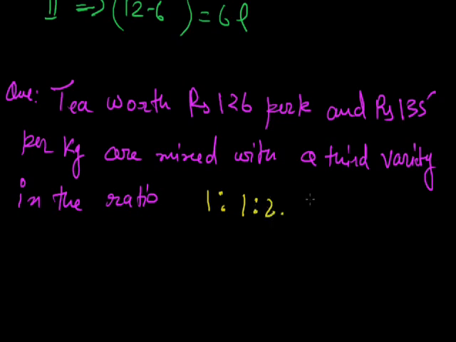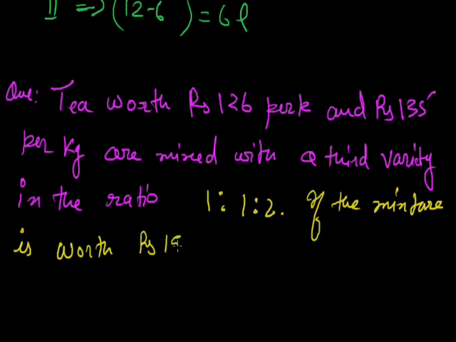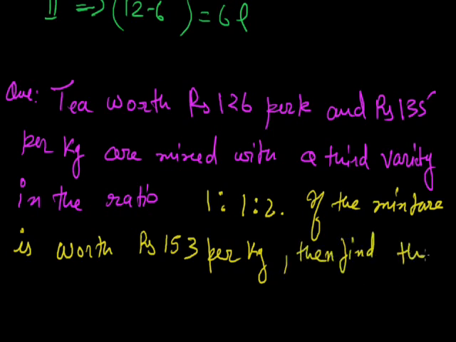If the mixture is worth rupees 153 per kg, then you have to find the price of the third variety per kg.